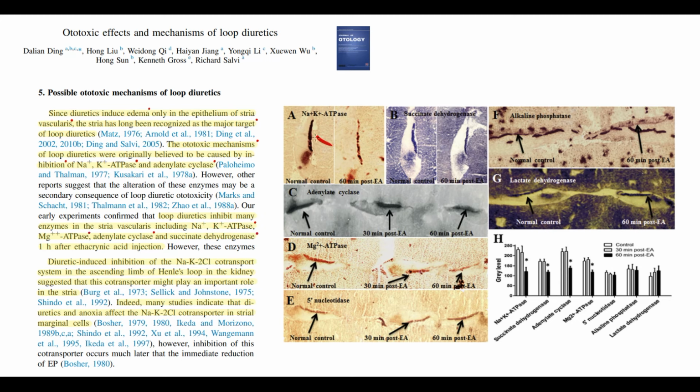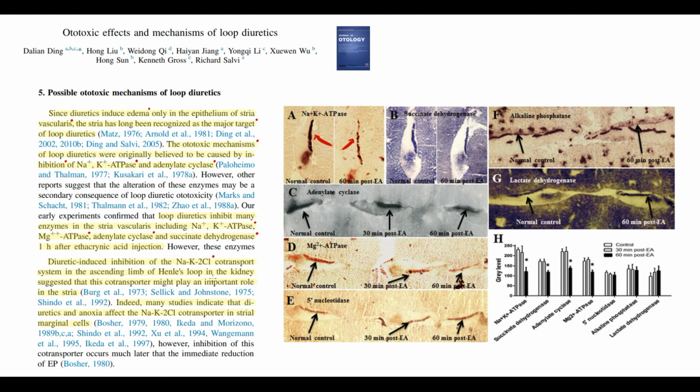On this picture, we can see the expression of sodium-potassium ATPase before and after injection of Ethacrynic Acid. There is a clear difference. After the injection of loop diuretics, the expression of sodium-potassium ATPase significantly decreases. In addition to this, we know that loop diuretics inhibit sodium-potassium chloride cotransporter in the kidneys.